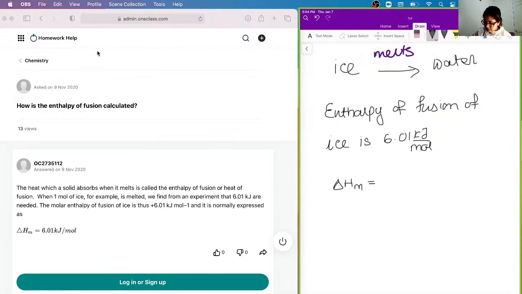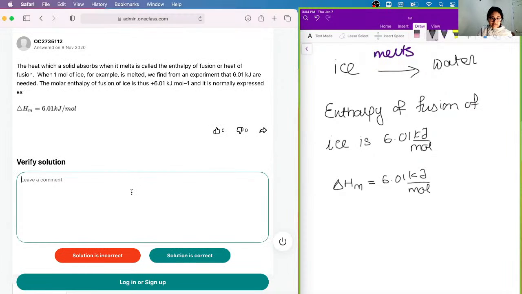So this is the heat absorbed by the ice when it melts, called the enthalpy of fusion or heat of fusion, and in this case for ice it is 6.01 kilojoules per mole. So this is correct.